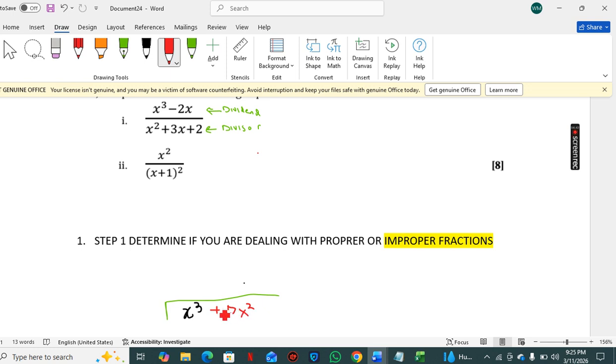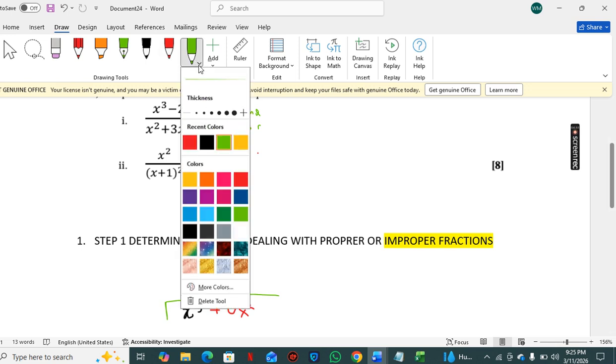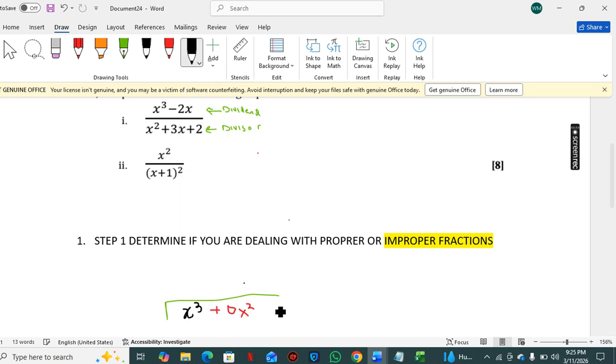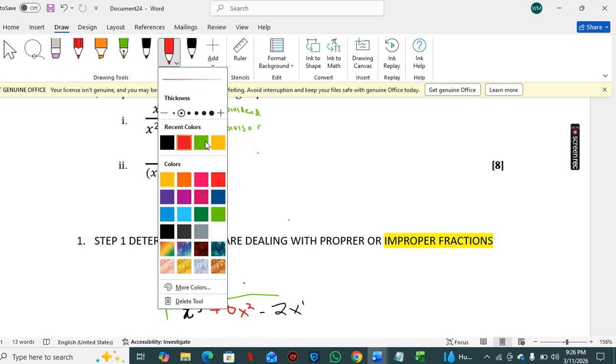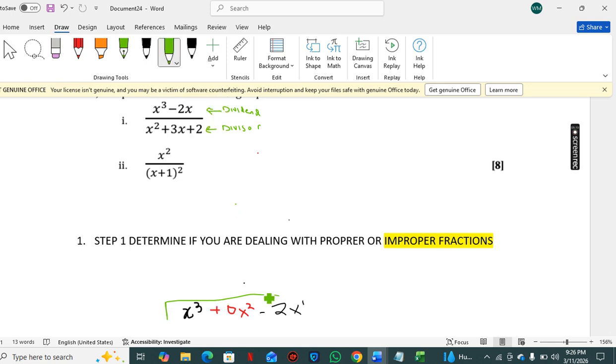So the power 3 and the power 2. Minus 2x to the power 1. Notice I put them in order: power 3, power 2, power 1. Any questions, colleagues?